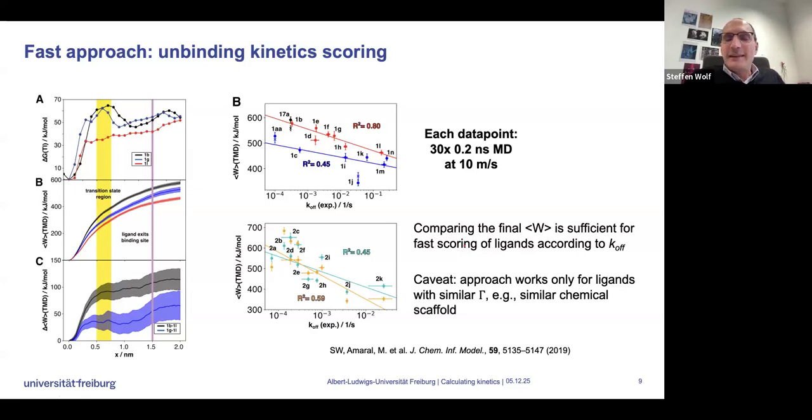And usually this is already quite a good scoring value for obtaining information on which of your compounds are slow unbinders and which ones are fast unbinders.